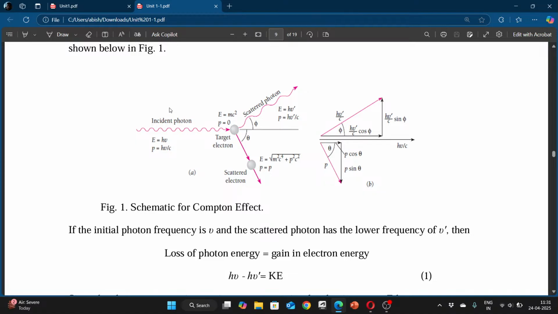So first is h mu minus h mu dash is equal to KE.